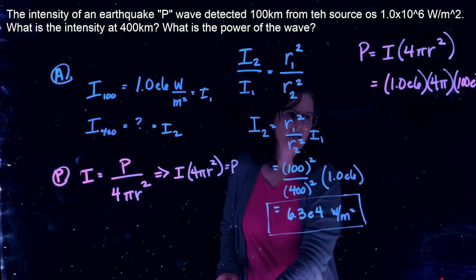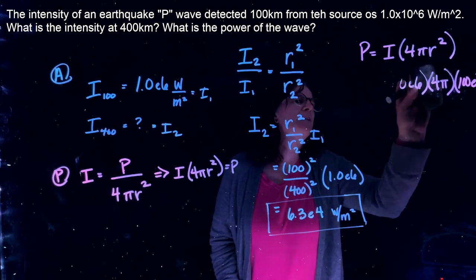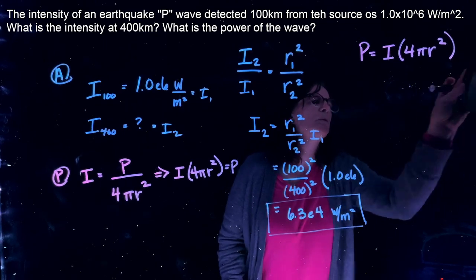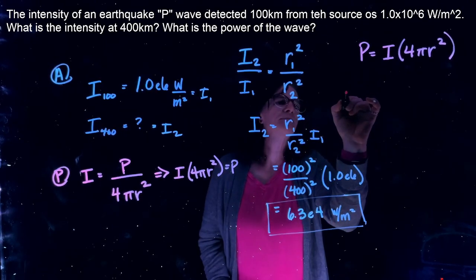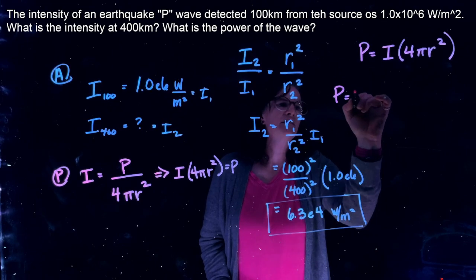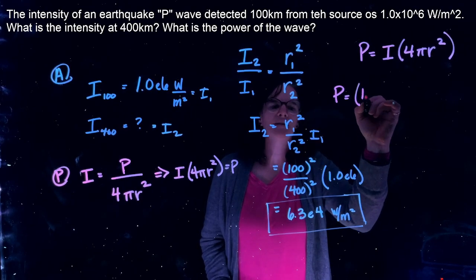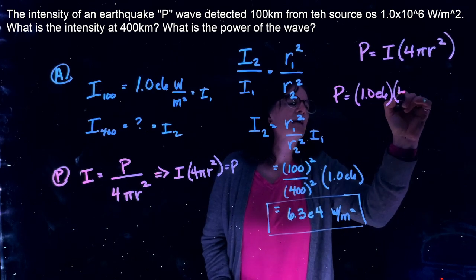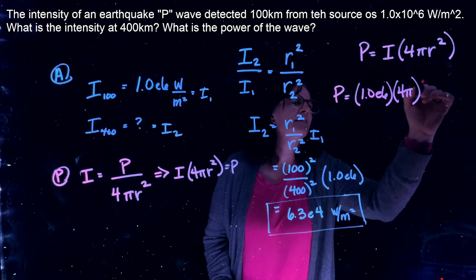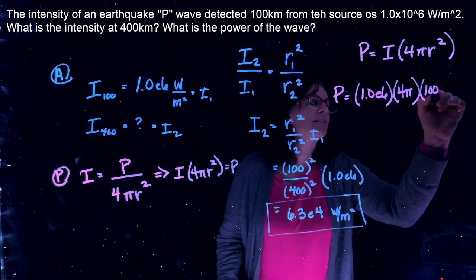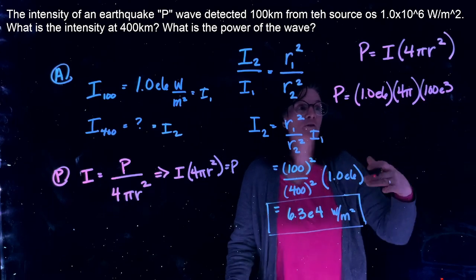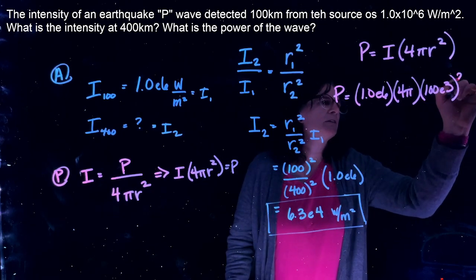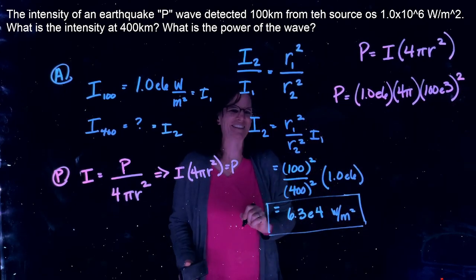I can see I am just a bit out of my screen, so I'm going to move this over for you. So we have 1.0 times 10 to the 6th times 4 pi times 100 times 10 to the 3rd, squared, and that puts it where you need to see it.